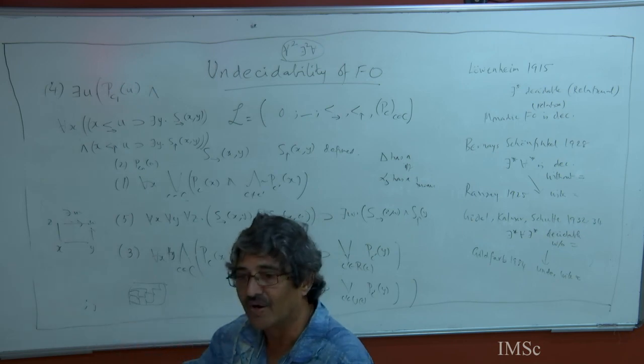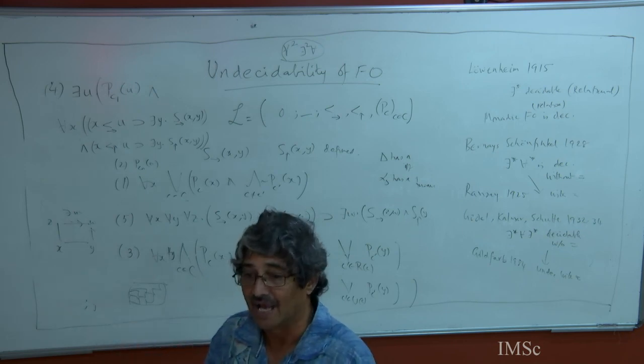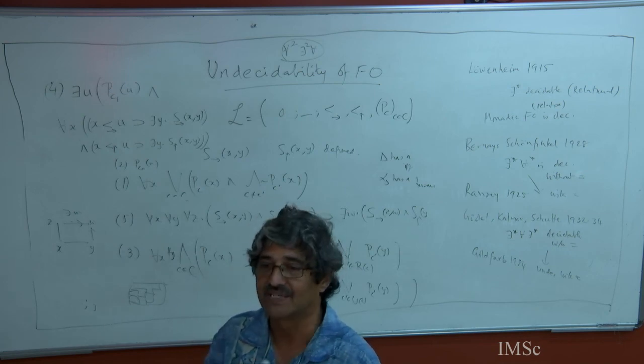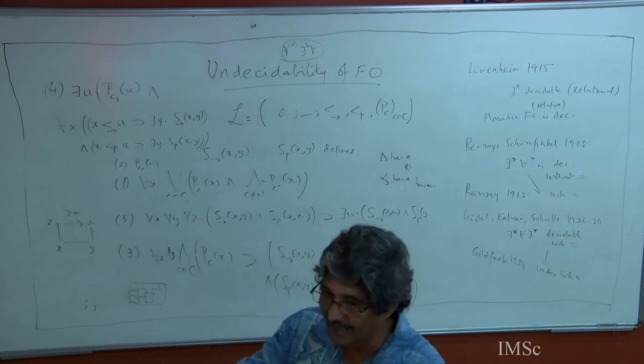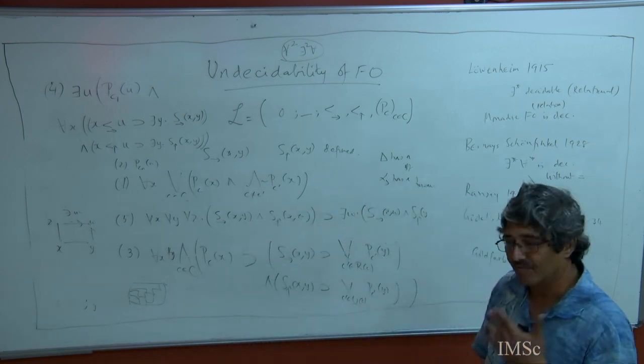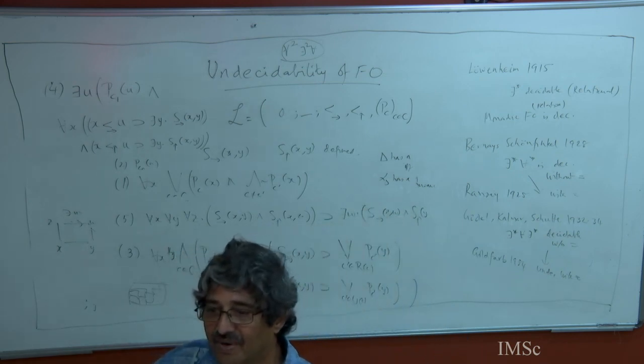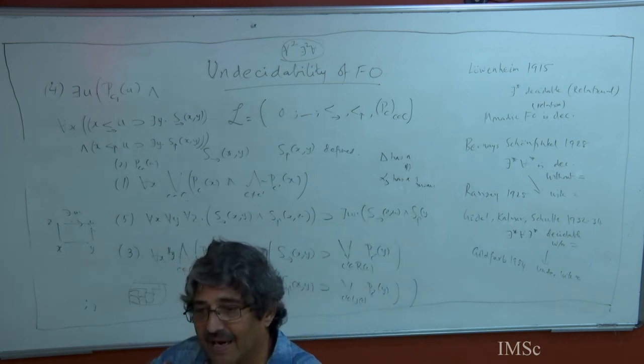So a lot of work got done in arithmetical theories. Abraham Robinson showed that algebraically closed fields is decidable. So complex numbers you can decide. And that has gone into a whole field of applications to algebraic geometry, differential geometry, lots of work has been happening there.